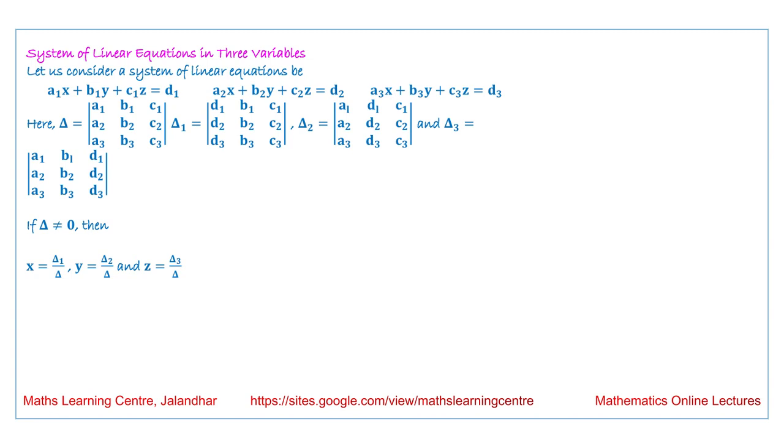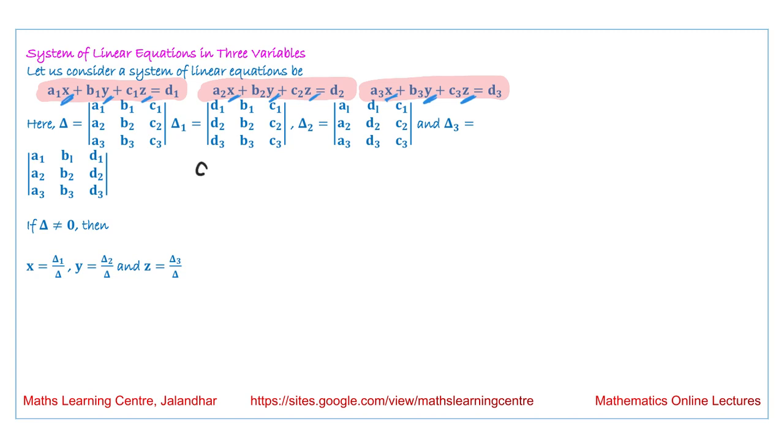Now if we extend this method to a 3 cross 3 system, we have 3 equations and 3 unknowns: the first equation, second equation and third equation, and the unknowns x, y and z. To solve this kind of system, we are going to write the determinants as we have written in the previous case.